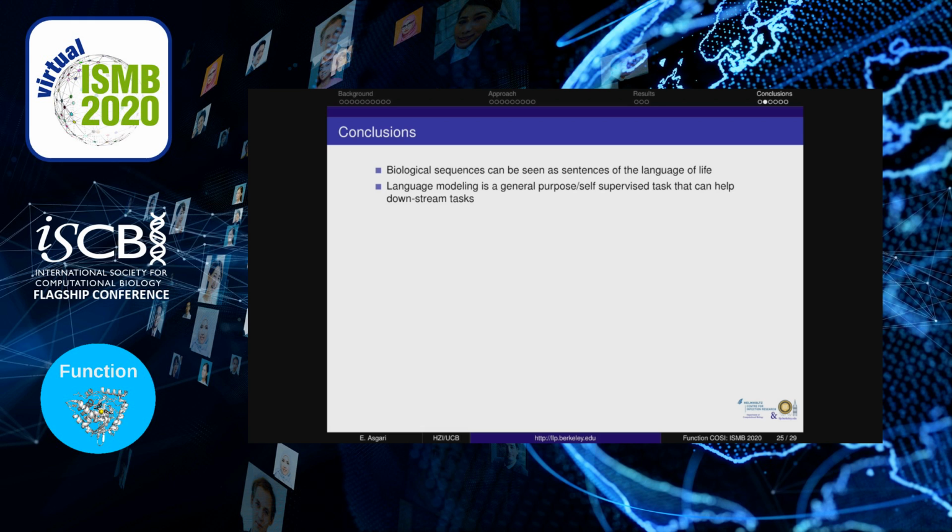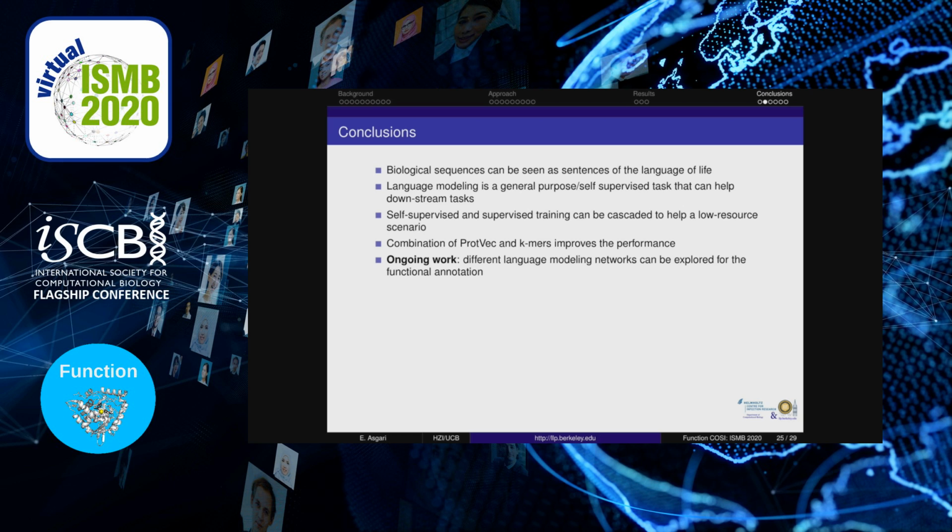Language modeling is a general-purpose self-supervised task that can help downstream protein informatics tasks. Self-supervised and supervised training can be cascaded to help in low resource scenarios of classification. Combination of ProtVec and k-mer representations can improve the performance.